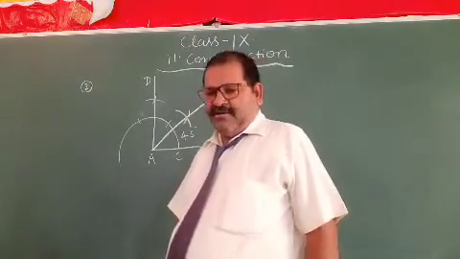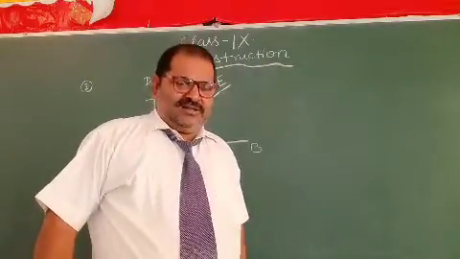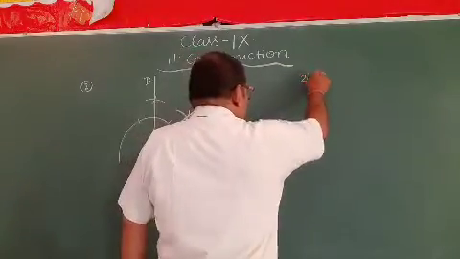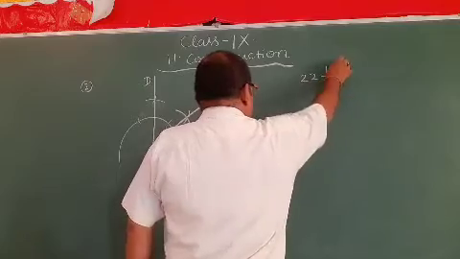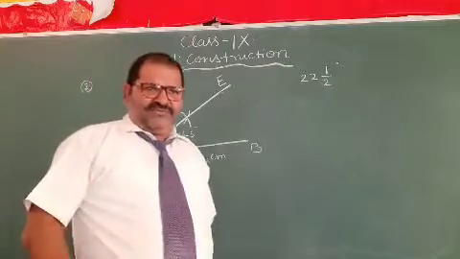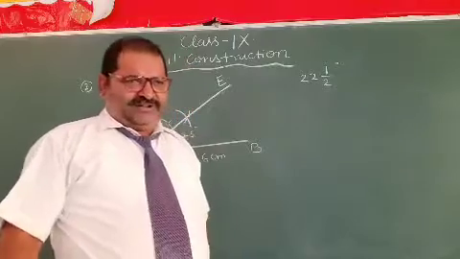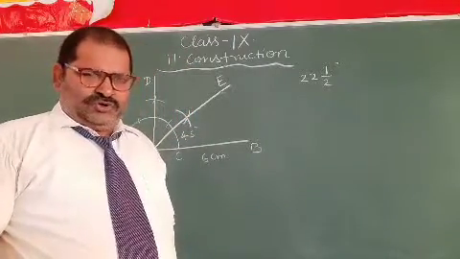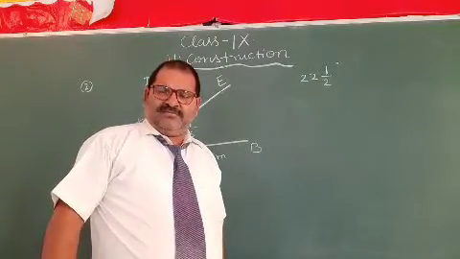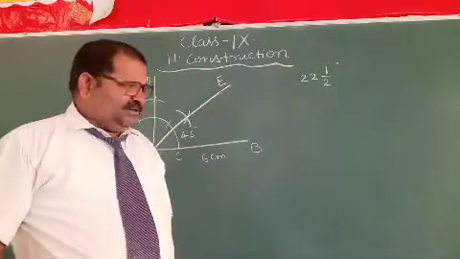Clear? Now again we draw the angle of 22 and half degree. So 22 and half is the half of 45 degree. So we construct the bisector of an angle of 45 degree.